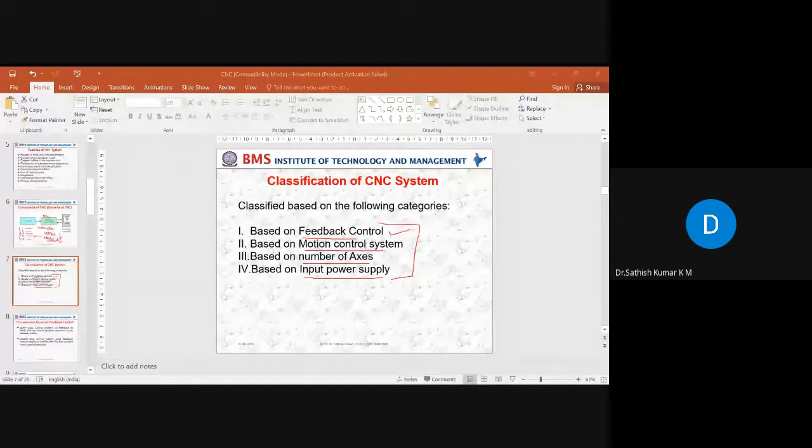Anil Kumar? Anil? Can anybody say what you mean by feedback control system?